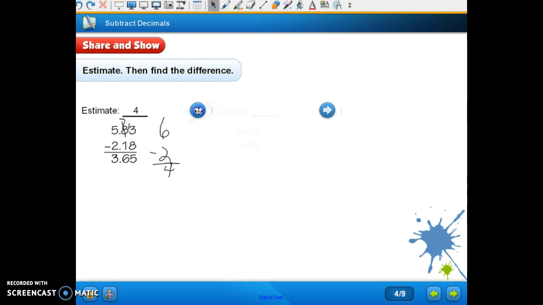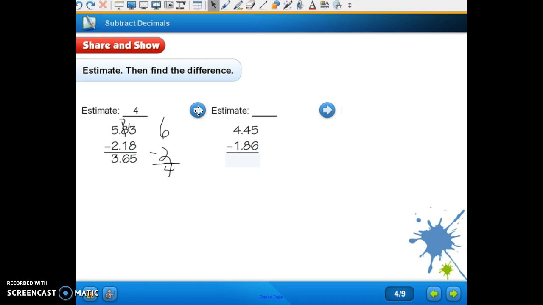Okay, let's look at this one. This is number 2. Again, we're going to estimate. Jay-Sean, what is 4 and 45 hundredths going to round to the nearest whole number? The 4 in the tenths makes the 4 in the ones do what?